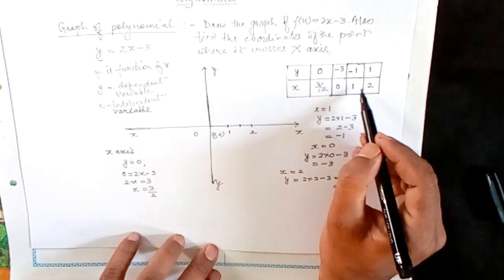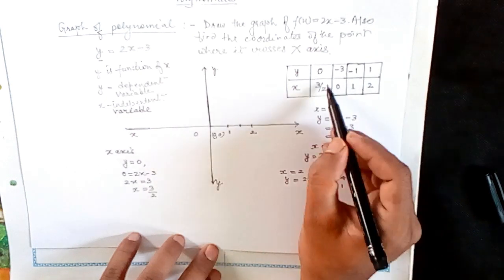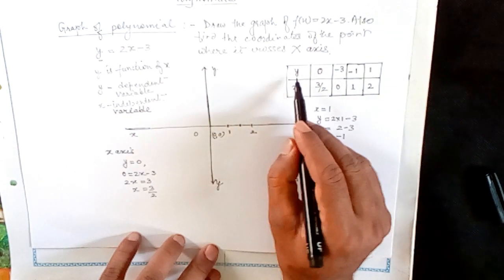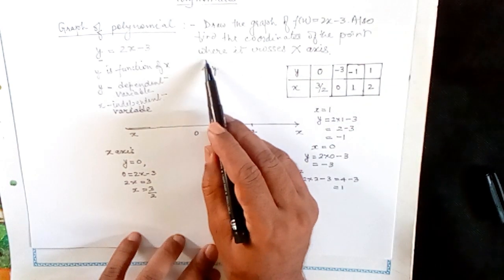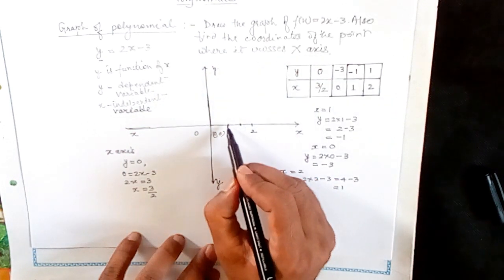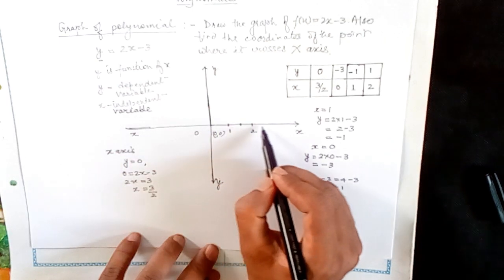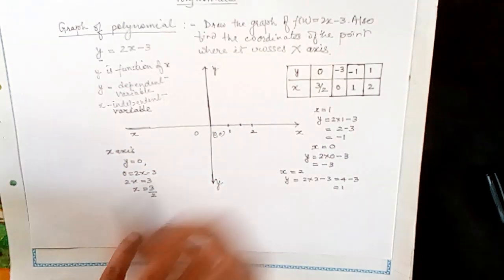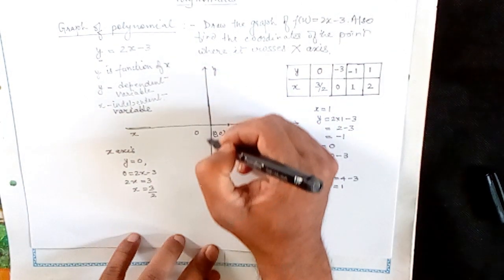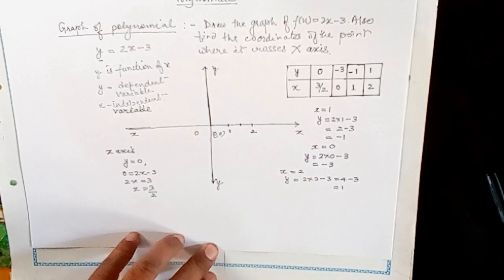Now we have taken 0, we have taken 1, and 1.5, and among these, keeping y = 0, because on this axis the coordinate of y will always be here. If we go along the y-axis, the coordinate of x is going to be 0.